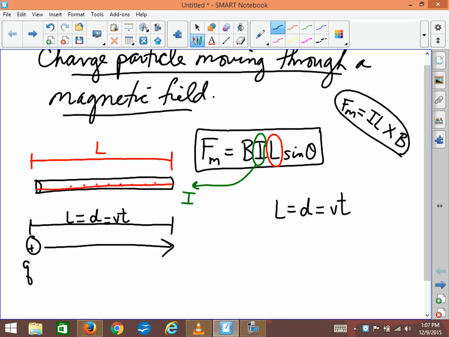Now, you might say, well, if the force is affecting this little particle, then won't it be changing its path? And won't it actually be accelerating? Well, it turns out it will, and we'll see how it's going to move shortly. But what we're going to do is envision a very small amount of time. If we envision a very small amount of time, we're basically breaking up this length into little tiny pieces of length.